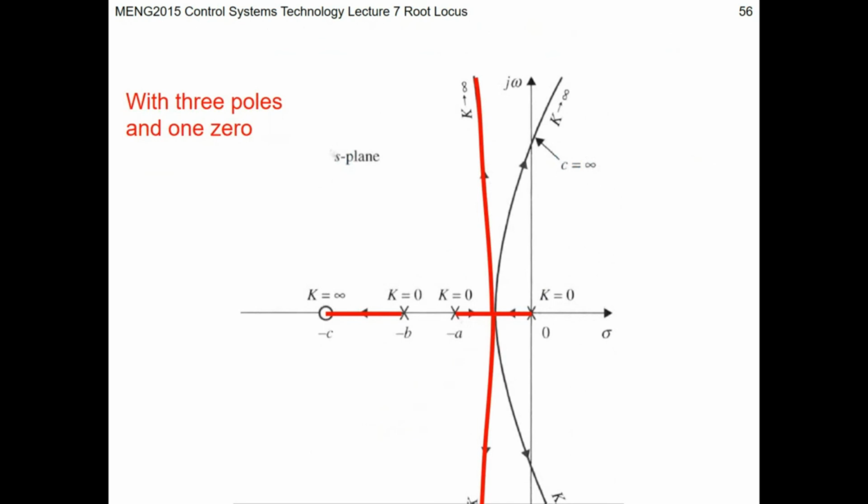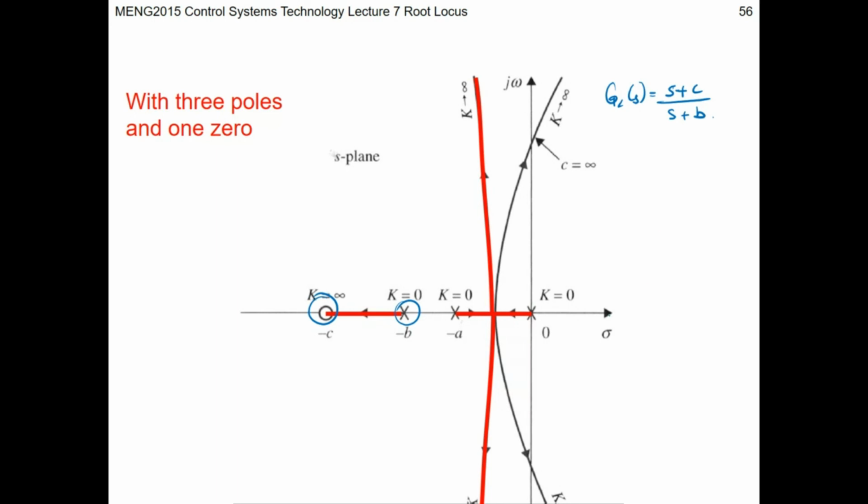Right. One last one, we got here a real pole and a real zero. So our controller in this case would be S plus C over S plus B. Right, that's the controller we have here, or our compensator rather.